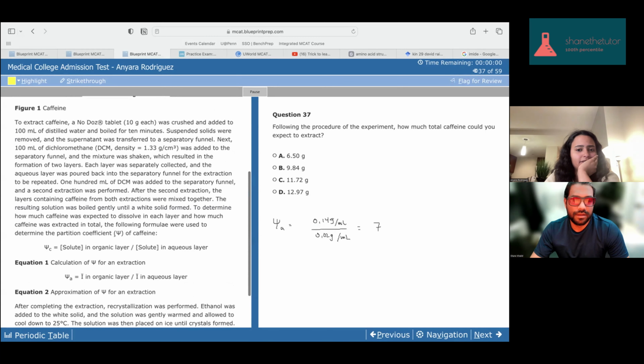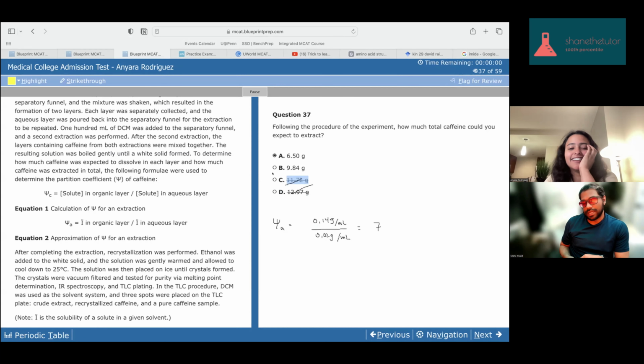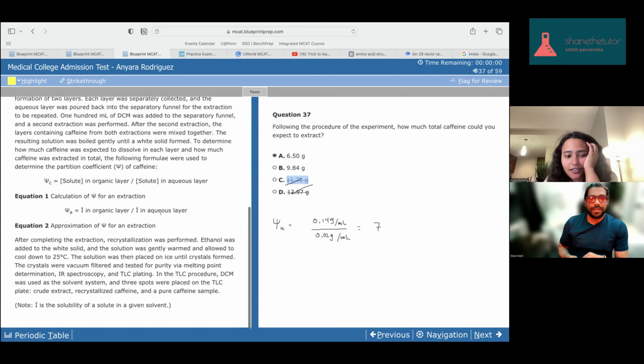With 10 grams? Yeah, that's true. You won't have more than that, and you won't have this one for sure. Good. So always do stuff like that. So now, would it be 6.5 or 9.84, right?